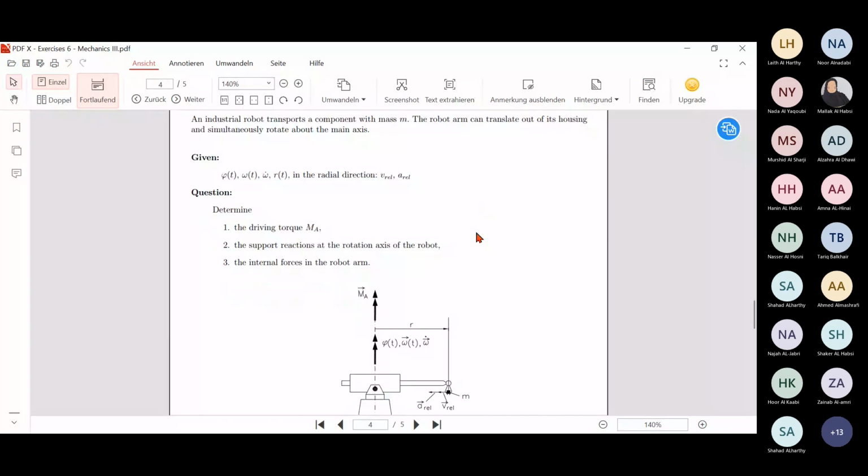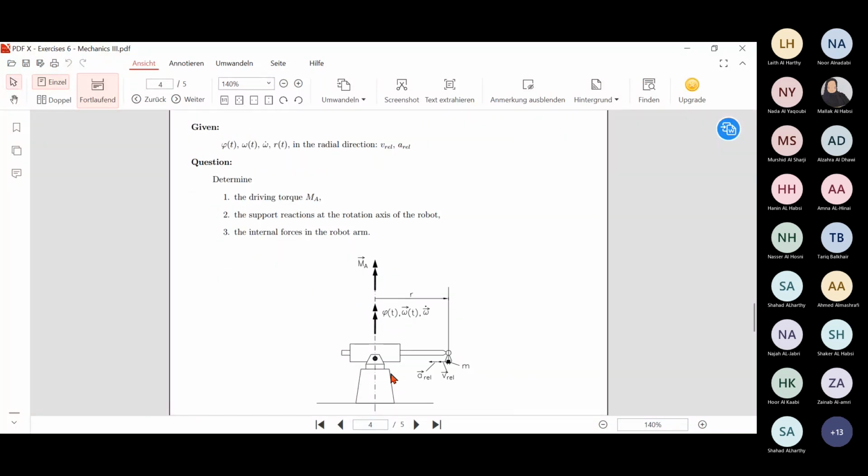Then for exercise 4, this problem, this picture, you see in the tutorial or set 2, exercise 2, where we have determined already all kinematic relations, that means the velocity, the acceleration, and so on.